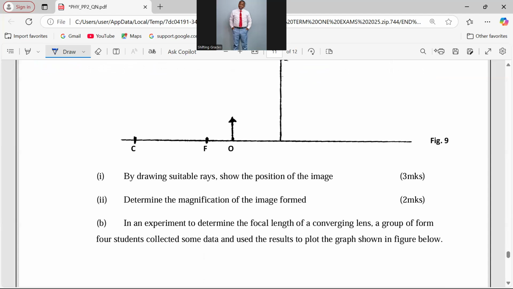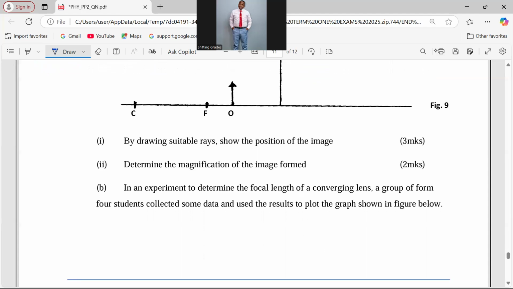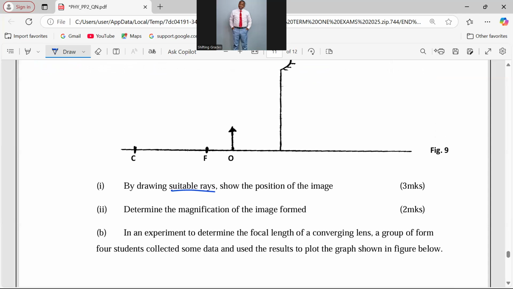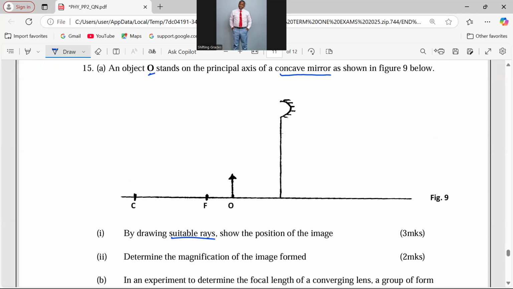Look at part A of the question. By drawing suitable rays, show the position of the image. Mark the word suitable rays. So when it comes to ray diagrams and image formation, we usually talk about the suitable rays for the formation of images. We have a ray from the tip of the object, which is parallel to the principal axis.